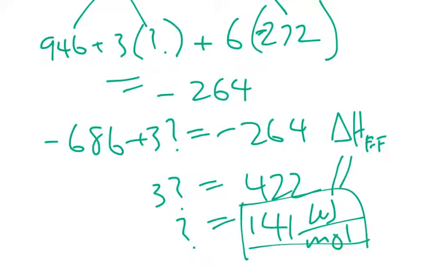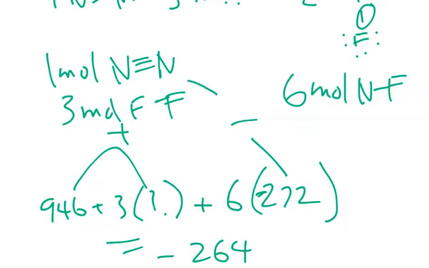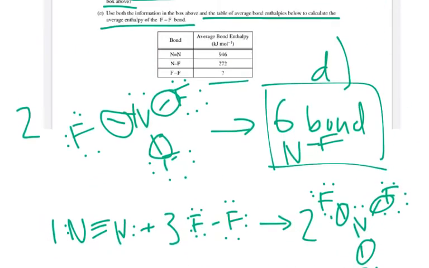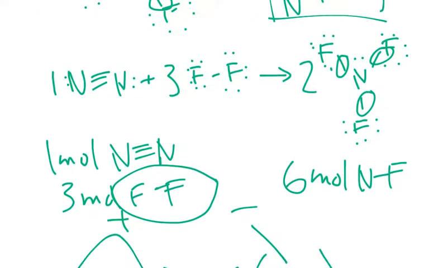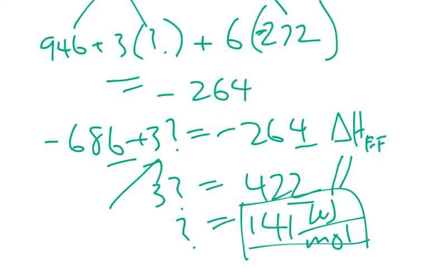And note that you have to keep track of your sig figs. Since there were 3 sig figs here and 3 sig figs here, your final answer should have 3 sig figs. And the 3 doesn't count as a sig fig since there are exactly 3 moles of FF single bonds in 3 moles of fluorine gas, and because it's an exact number, it has an infinite amount of sig figs.